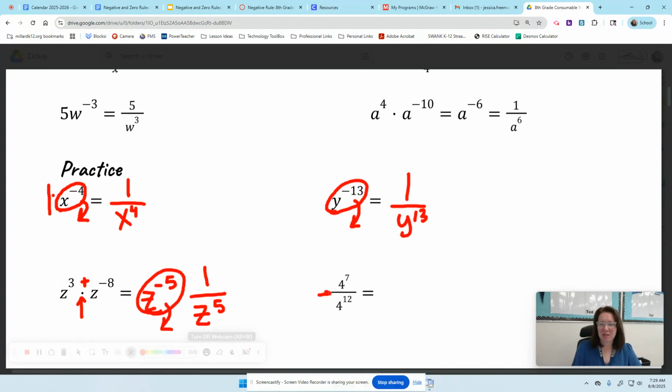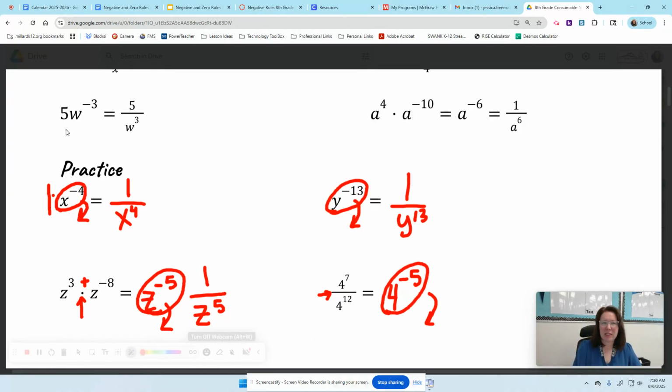Okay, when we have that divide symbol, it means subtract. 7 minus 12. Notice how it's not 12 minus 7, but 7 minus 12. So 7, 8, 9, 10, 11, 12. It's a 5. Man, I use 5 a lot. 4 to the power of negative 5. And then we need to cross the line and change the sign. Because 4 is the base, I'm taking the 4 with me.